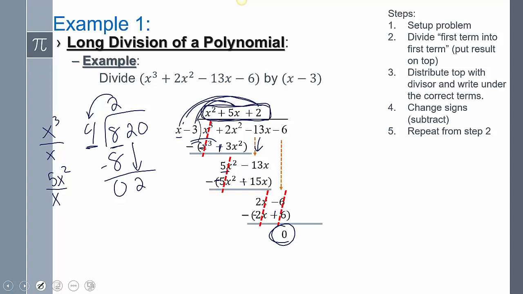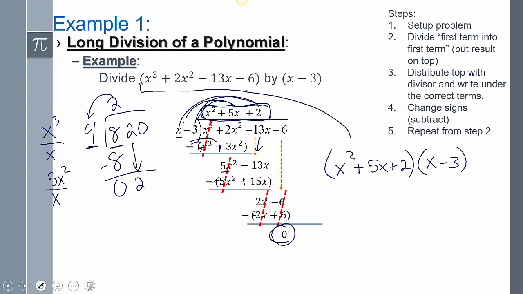And if I wanted to write it as it's factored, I can now write it as x squared plus 5x plus 2 times x minus 3. And so that's what this equals. So doing just straight division, it's this.